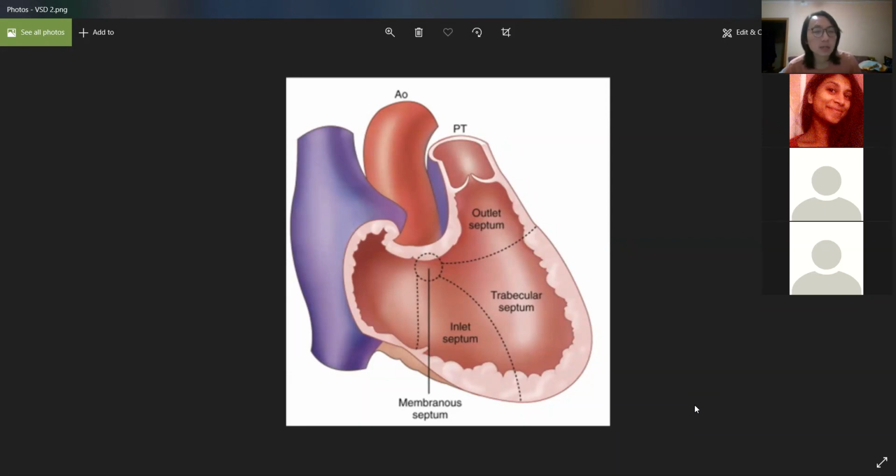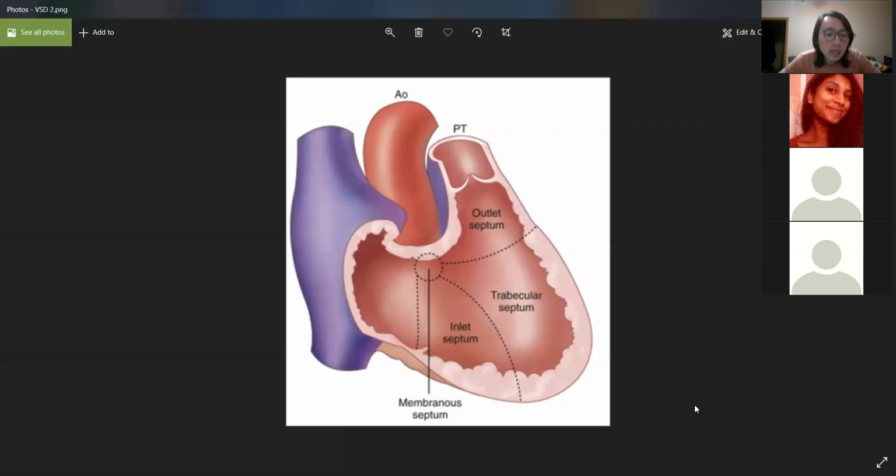So from the name itself, it means that there is a biventricular connection or biventricular communication because of interventricular septal defect. Simple definition: biventricular communication or connection due to interventricular septal defect.